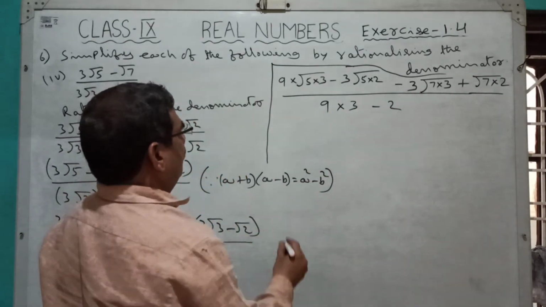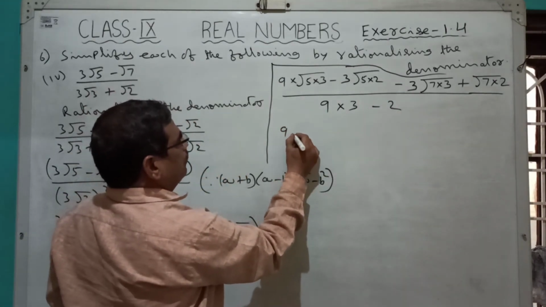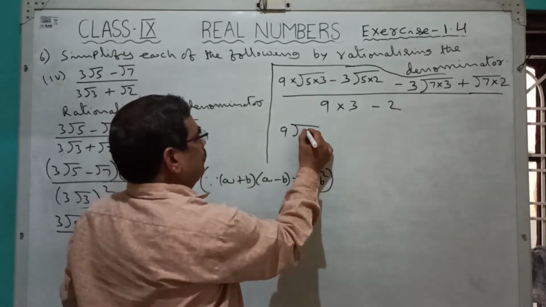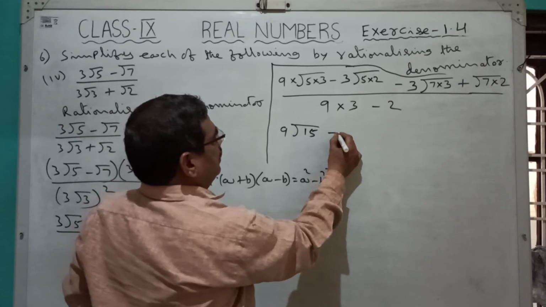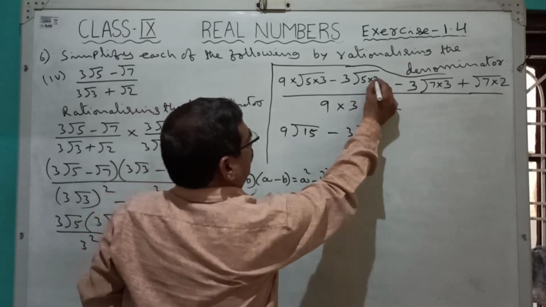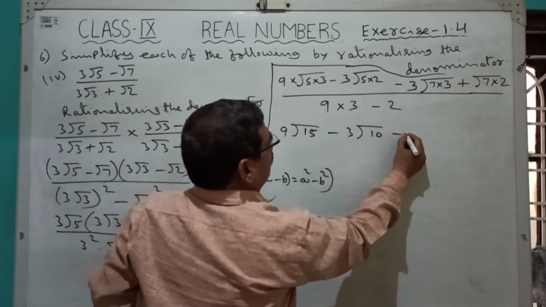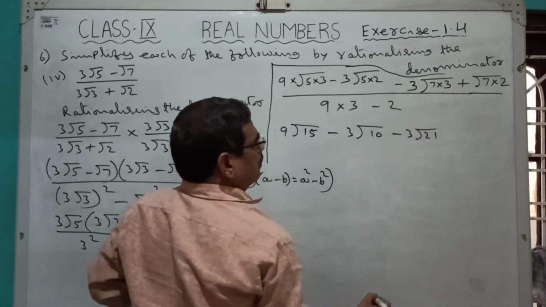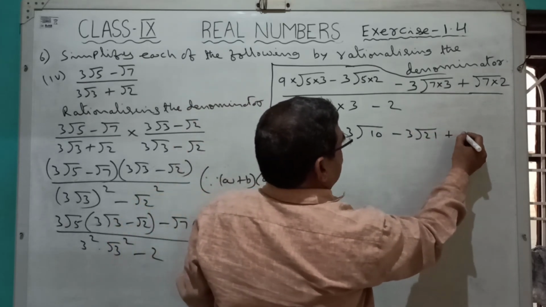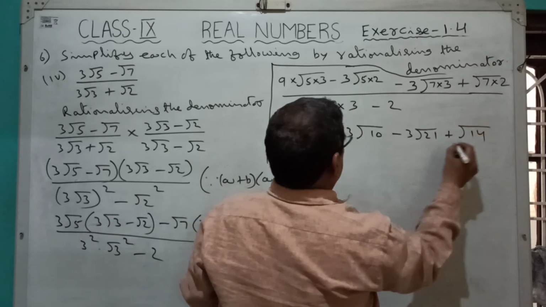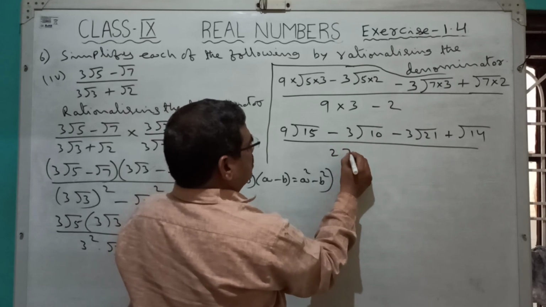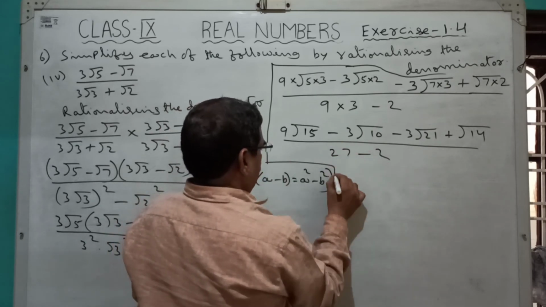Next step, 9 root of 5 into 3, 5 3s are 15, minus 3 root 5 2s are 10, minus 3, 7 into 3, 21, plus root of 14 by 9 3s are 27 minus 2.